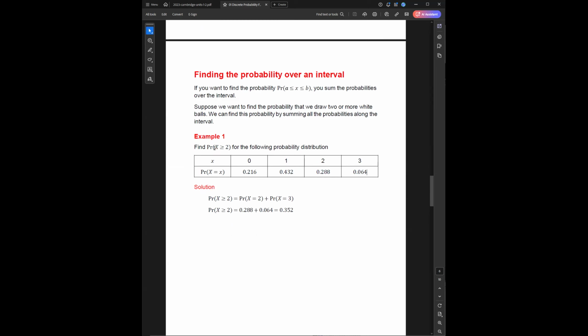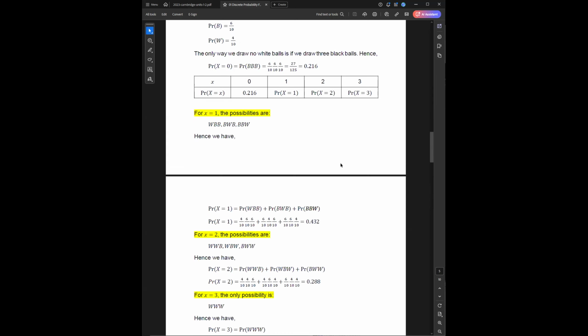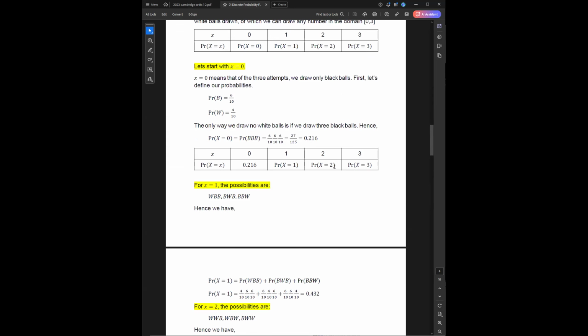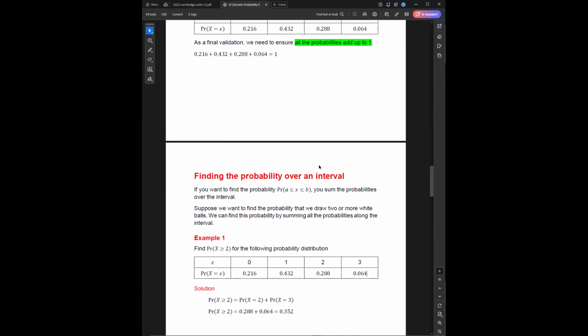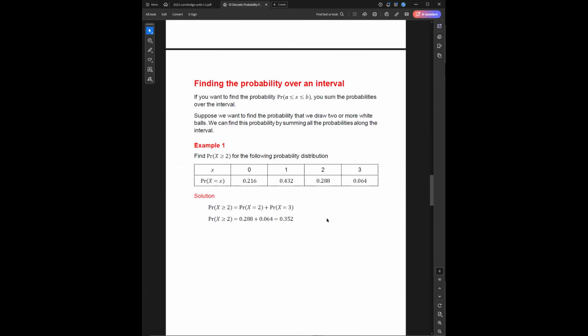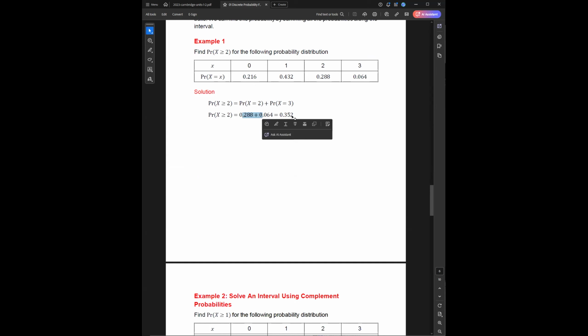So if you wanted to find the probability that x is greater than or equal to 2 for this particular discrete probability table, then what you would do is you would add the results x equals 2 and x equals 3 together. So you might be given them immediately, like we were in this case, or you might have to solve them, in which case you would look at the previous methodology for that.